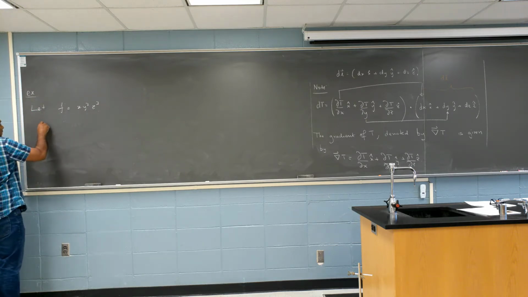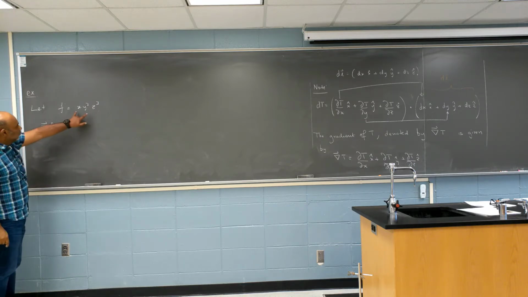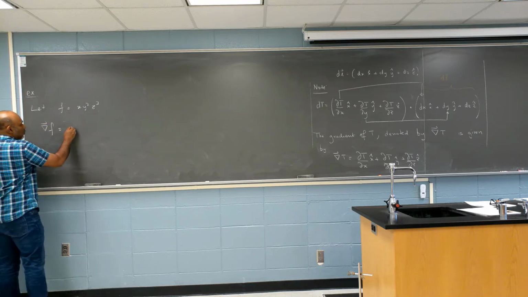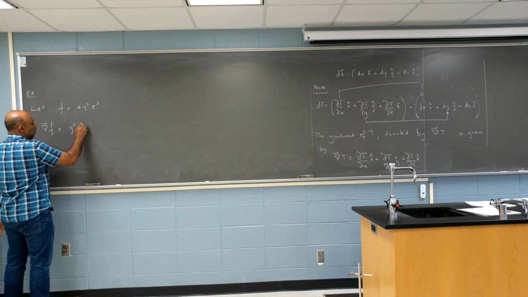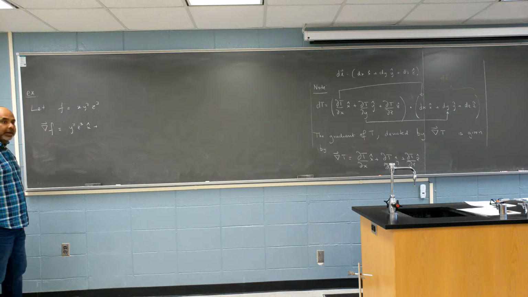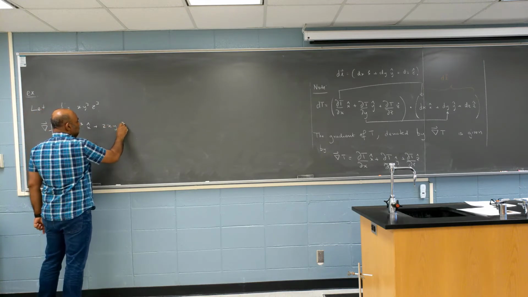What would you do? Take the derivative with respect to x. What do you get? y squared z cubed x hat. Take the derivative with respect to y. 2xy z cubed, correct?